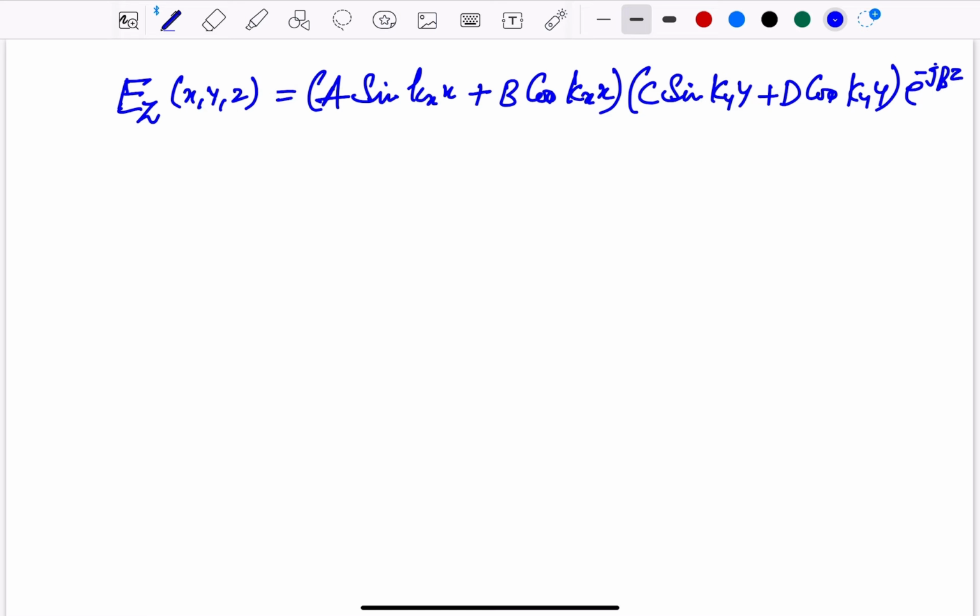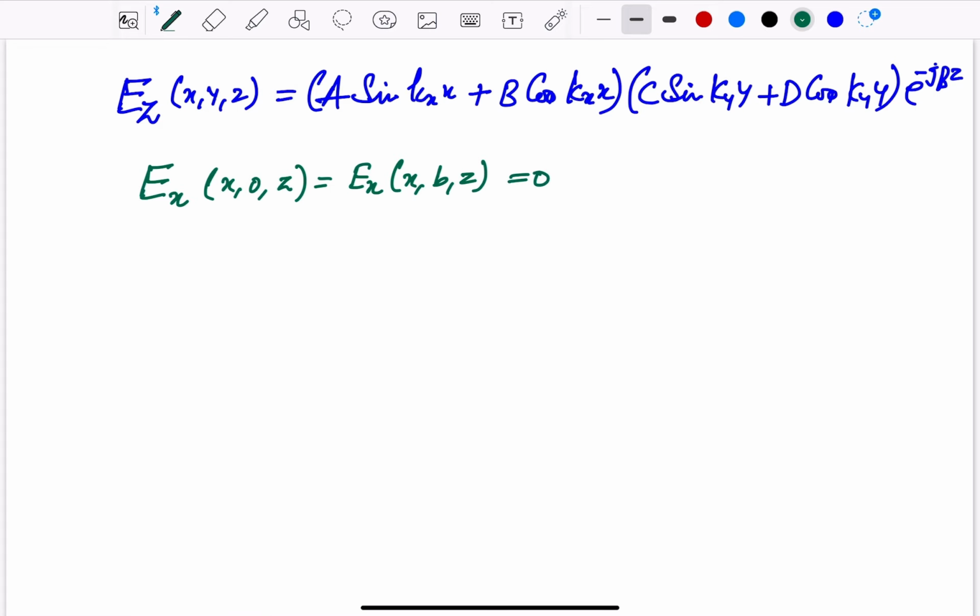Fine. Now in a similar way, we'll be imposing the boundary condition here depending upon this geometry we took, on the horizontal walls and the vertical walls. Fine. So writing the components here, the tangential component will be 0. So Ex(x,0,z) = Ex(x,b,z) = 0.